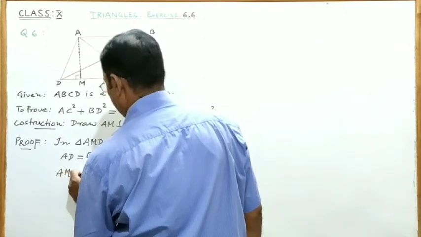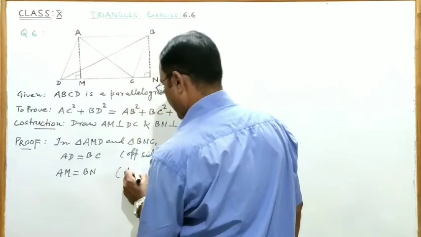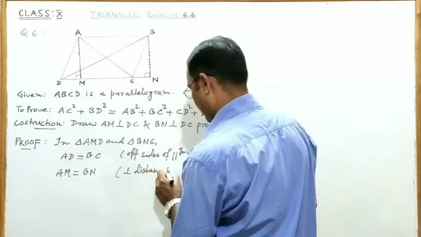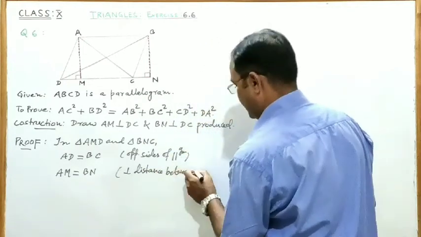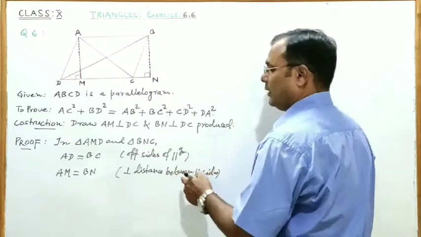AM is equal to BN, because the perpendicular distance between parallel sides is also equal.